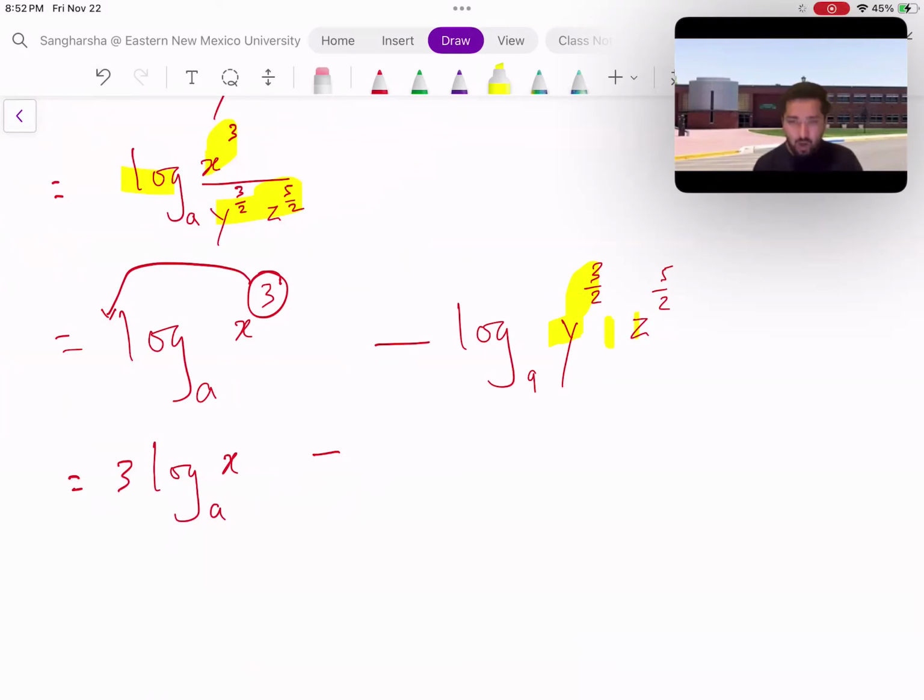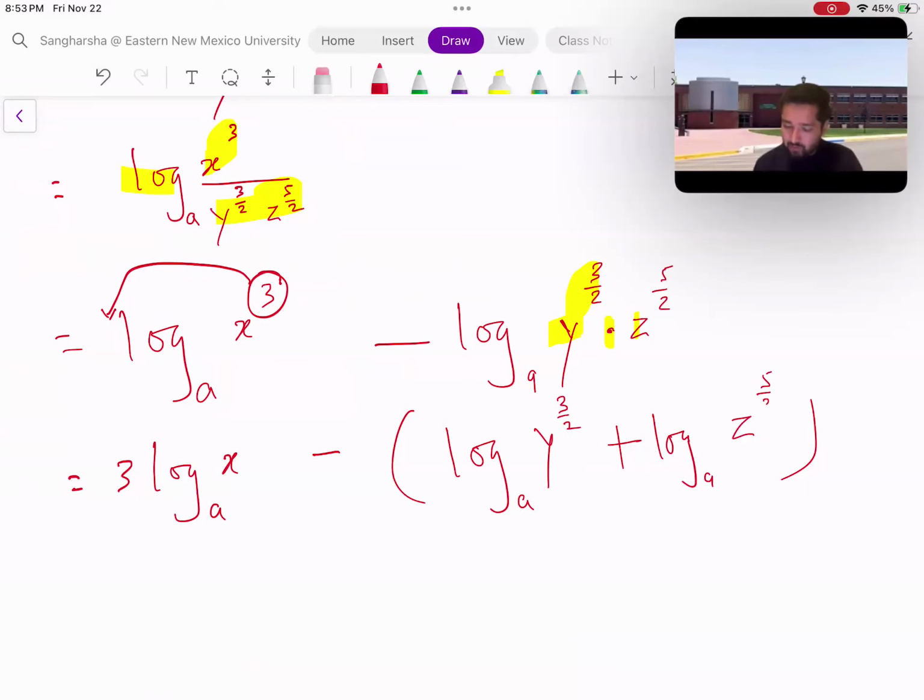So we have a log of product. And if we have a log of product, we will have a sum of log. We're going to get 2 terms, so make sure to have parentheses. Since we have a log of product, we get a sum of log. Log remains the same. So log of y to the power 3/2 plus log of g to the power 5/2.